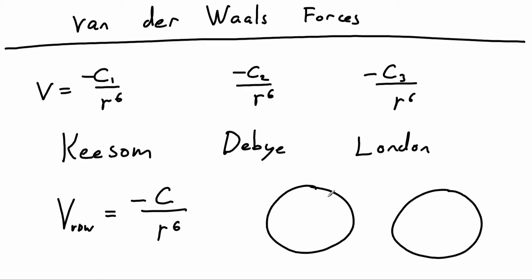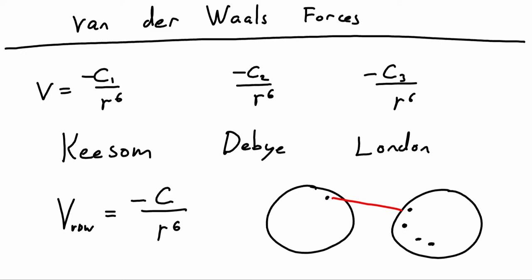Well, if we think about it, this atom is going to have a van der Waals attraction with that atom. So we can figure out what that is just by using what we've already learned. Of course, there's more than one atom in here.